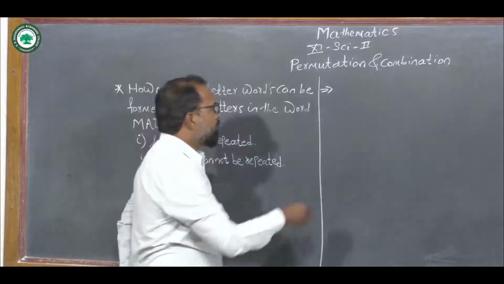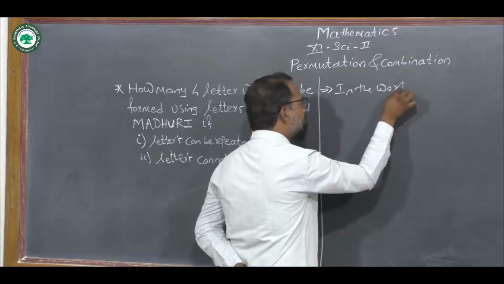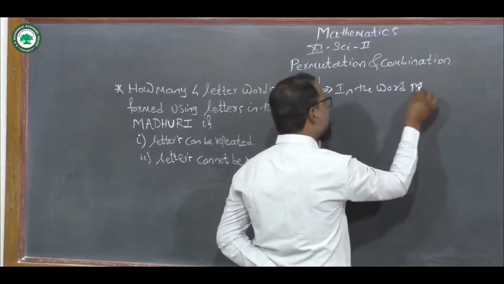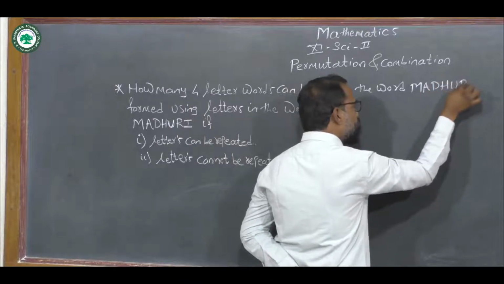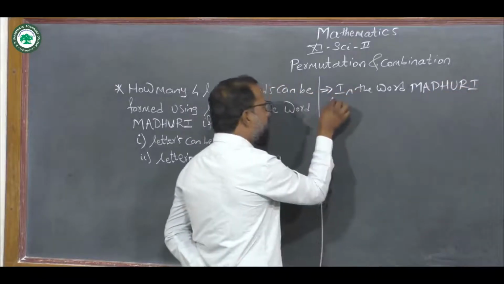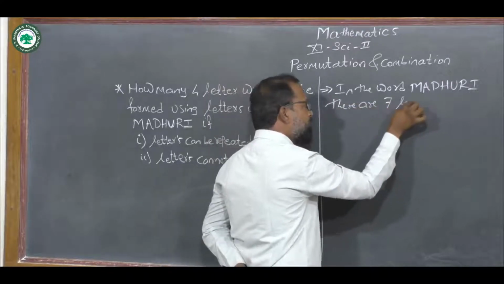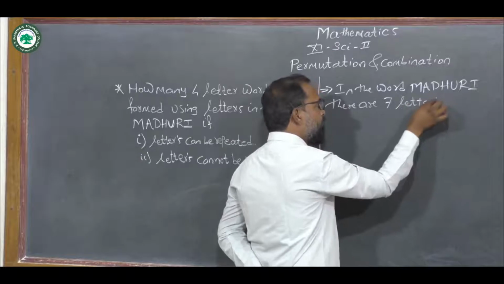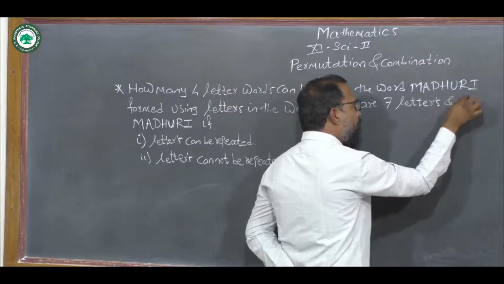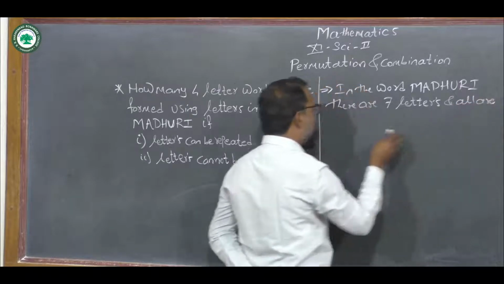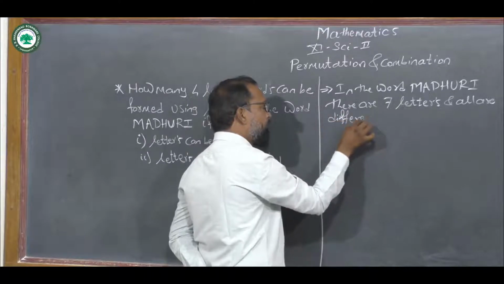So we can write here, in the word Madhuri there are 7 letters and all are different, means there is no repetition.